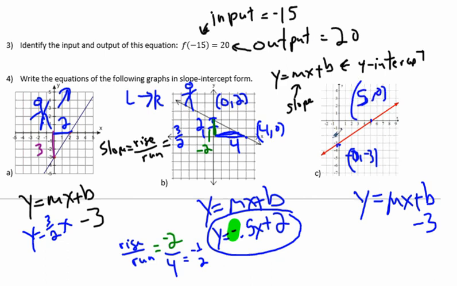So between here, it goes up 3 over 5. So the rise over the run is 3 over 5. So the equation is y equals 3/5 x minus 3.